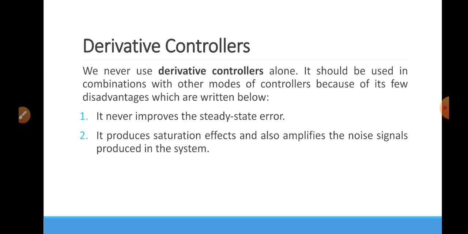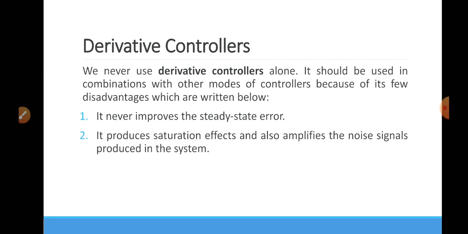So your output is dependent on the input in terms of its integration. In the derivative type of controller, the output is in proportion with the derivative of the input.